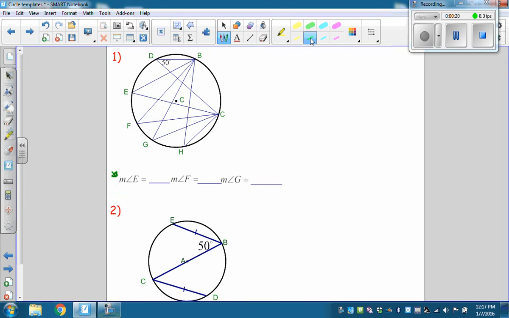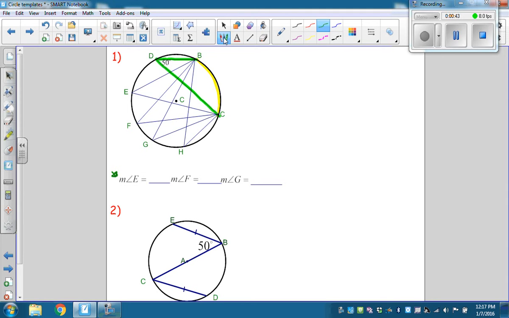What I like to do is look at what I'm given, and that's an inscribed angle. If I just trace over it so you can follow along with me, what I know is that inscribed angle intercepts arc BC.